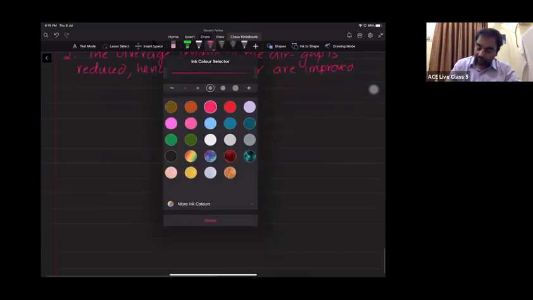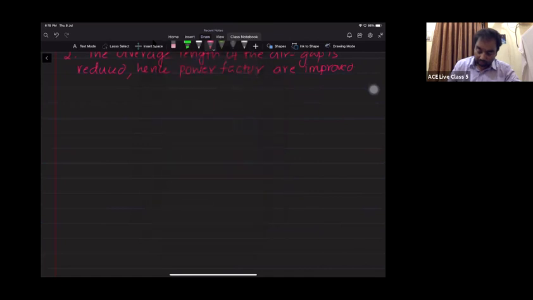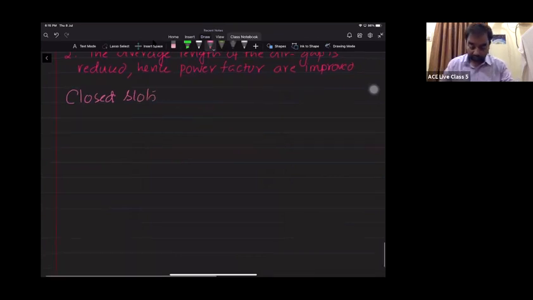The last category of the slots is closed slots. Let us go for closed slots. Let me draw the stator core with the closed slots.